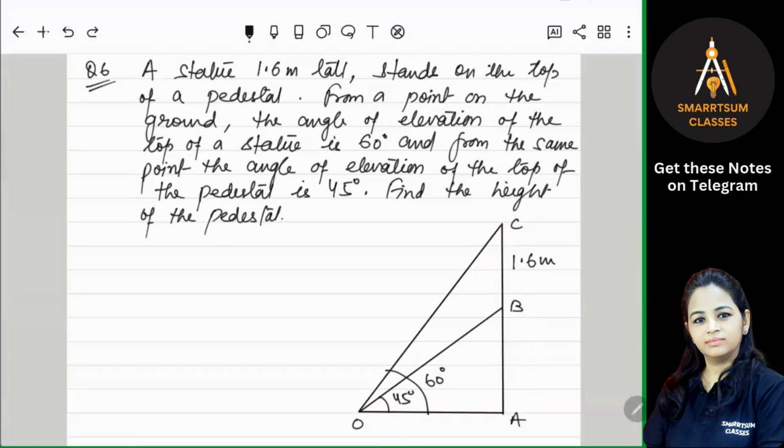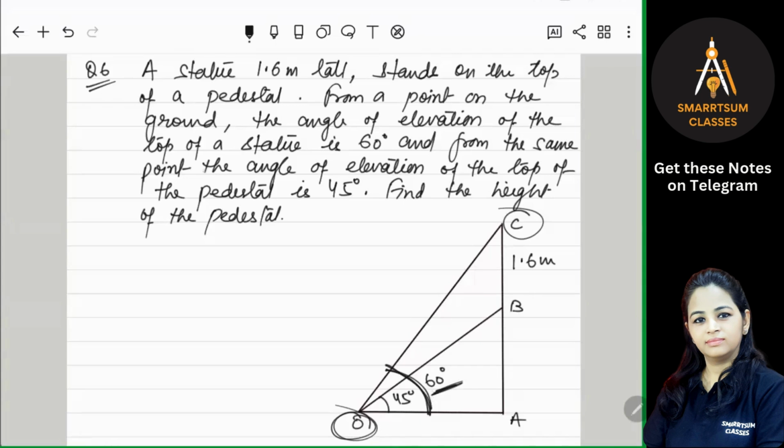Now from a point on the ground, the angle of elevation of the top of the statue is 60 degrees, right? So let's assume that point on the ground is O. And the angle of elevation from O to C, C is the top of the statue, is 60 degrees. So you can see here, this is 60 degrees.